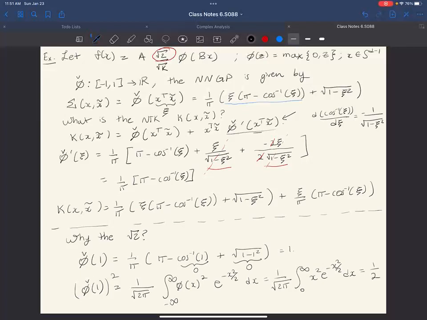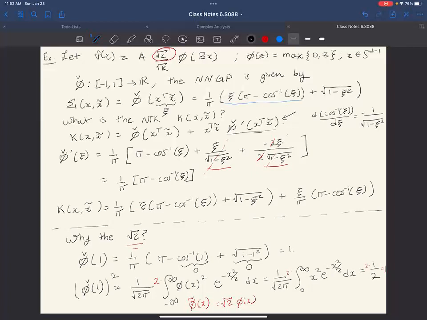And so if we want phi hat at 1 to be 1, we should have initially multiplied phi of x by root 2. So instead, if we had taken root 2 times phi of x, then you see we would have an extra 2 everywhere, and we would get a 1. And so this is exactly the computation for computing these appropriate scaling factors here, and this is where this root 2 is coming from.